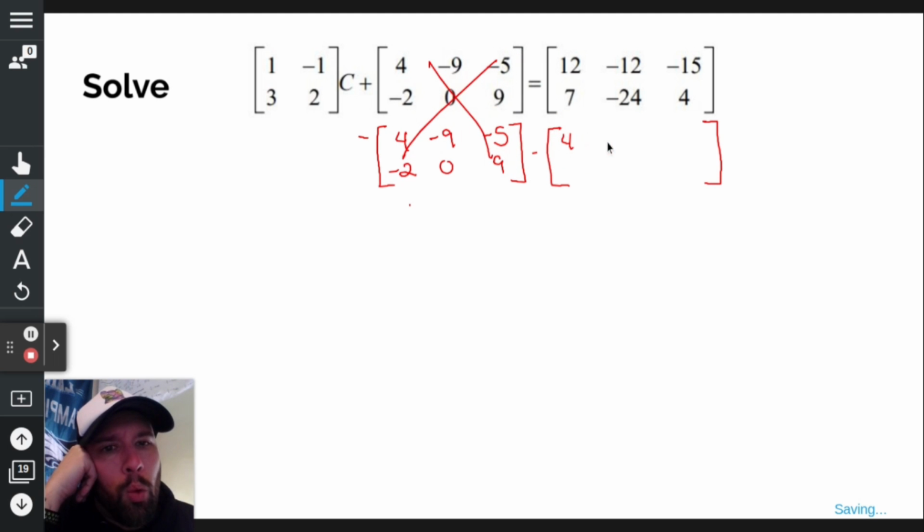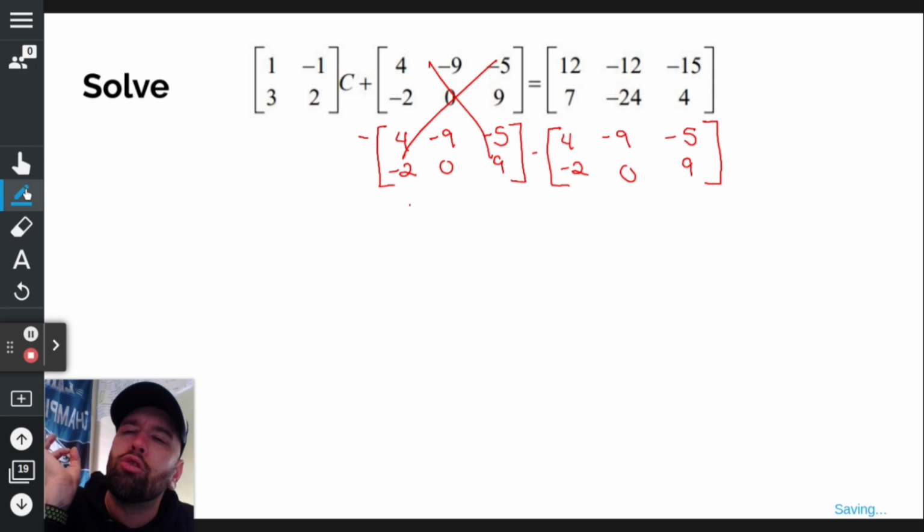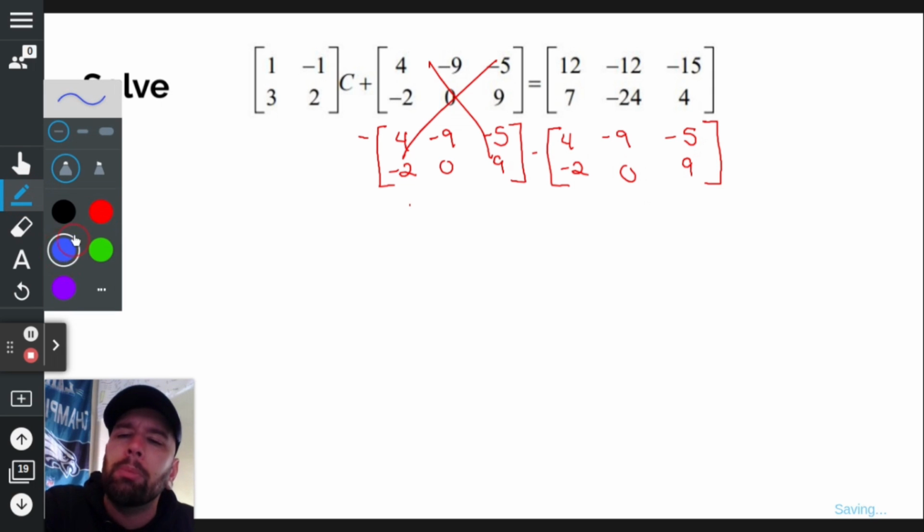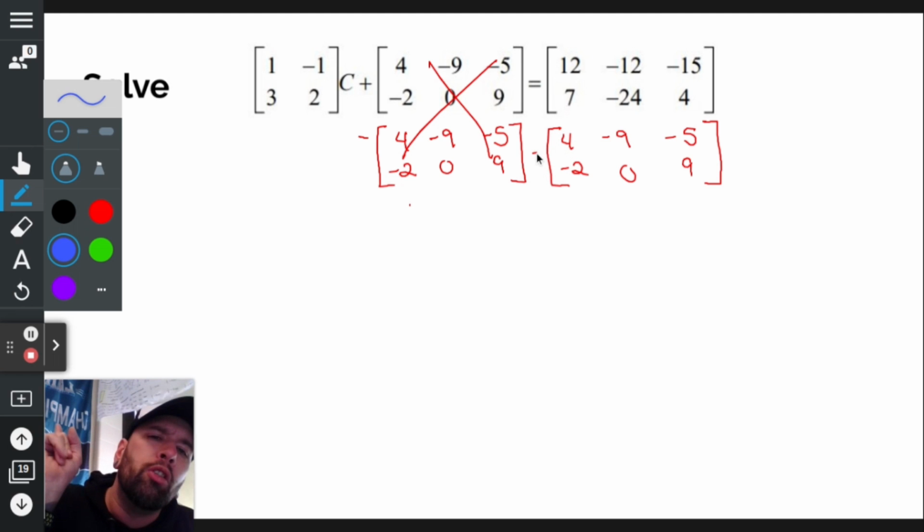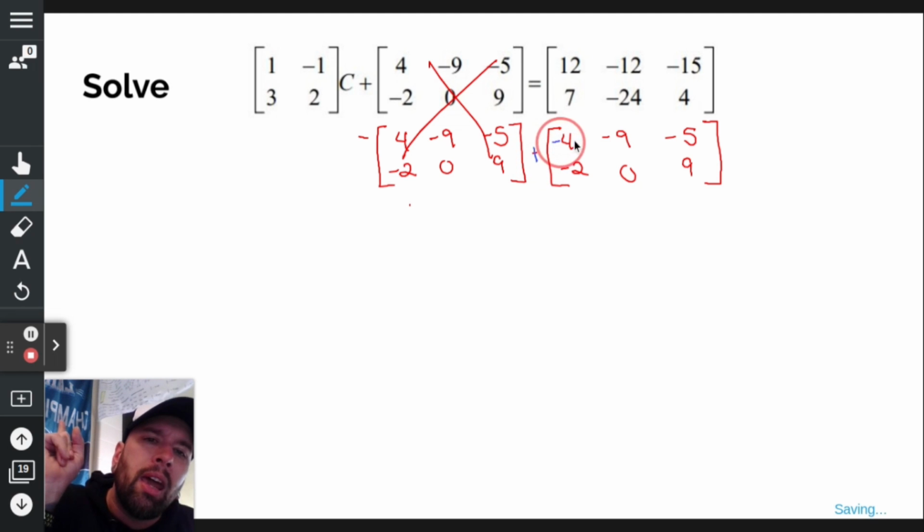So minus 4, negative 9, negative 5, negative 2, 0, 9. Now, I struggle with my ADHD brain sometimes with these, because 12 minus 4, negative 2 minus negative 9, I screw these up from time to time. So I'm going to make this plus and flip the signs.